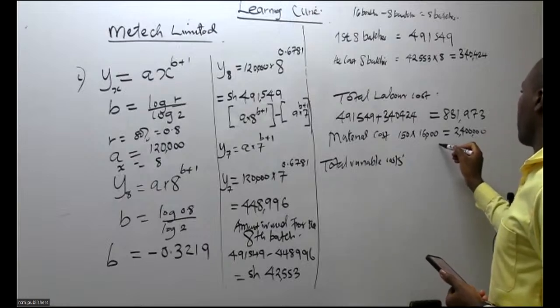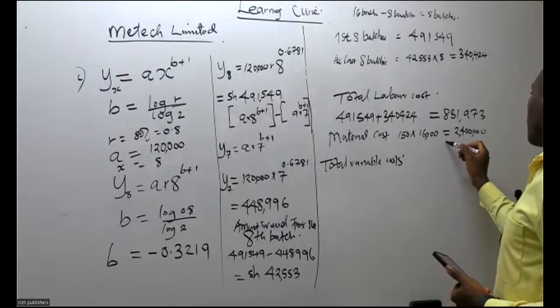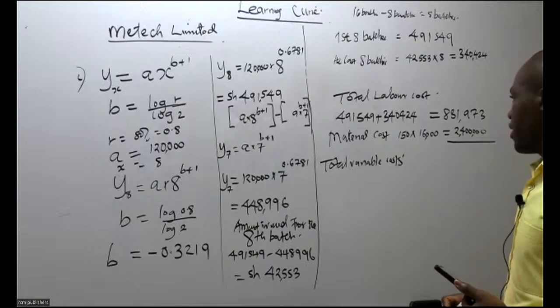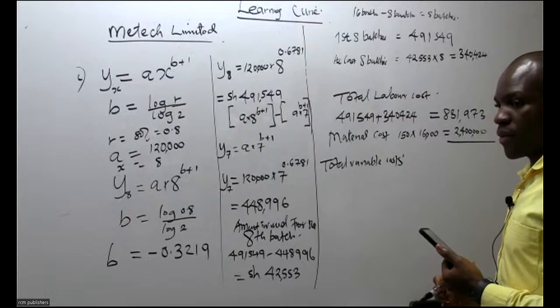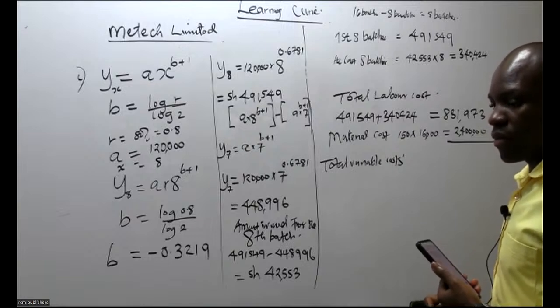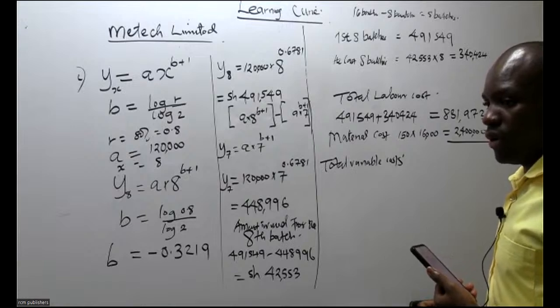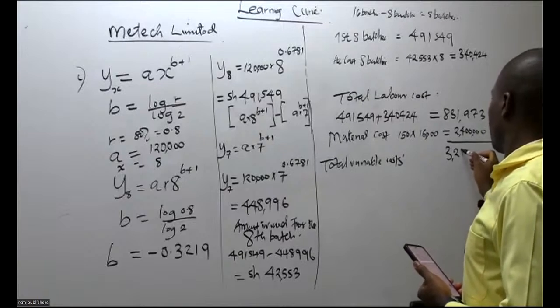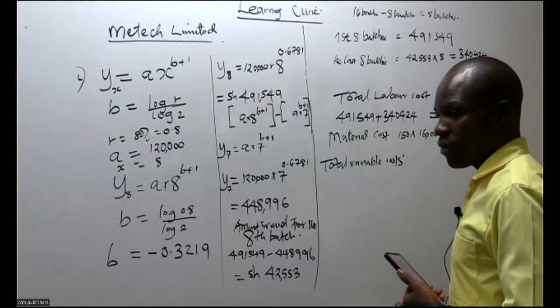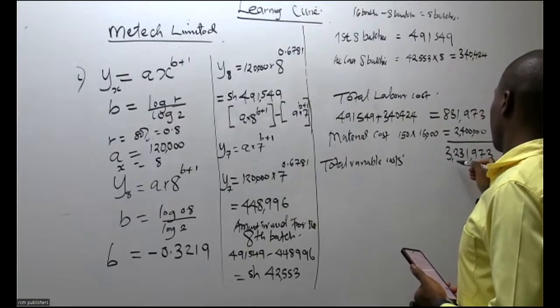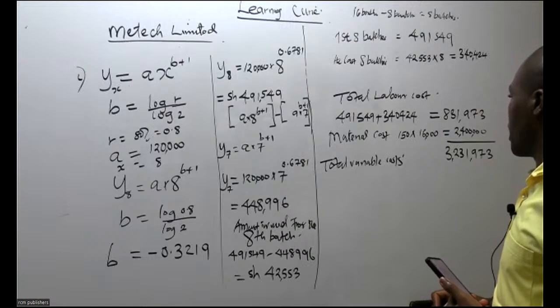So if you add everything, what will you have? If you add this plus this, we have 3,231,973.